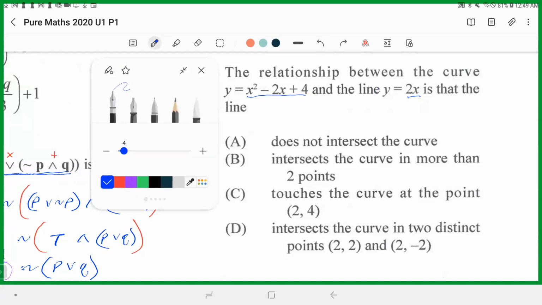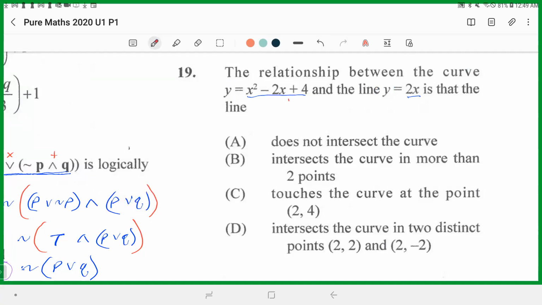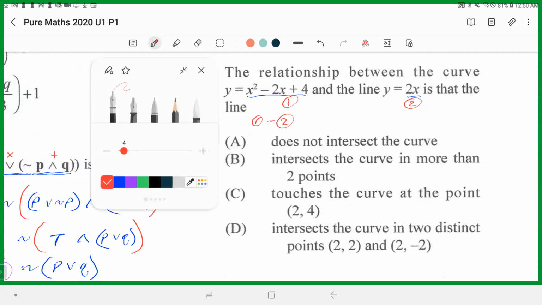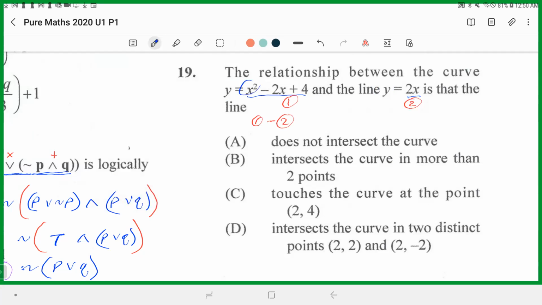So let's subtract them. Let's call this equation 1, call this equation 2. We're going to do 1 minus 2. The x squared minus nothing is x squared. And then the minus 2x is negative 4x.